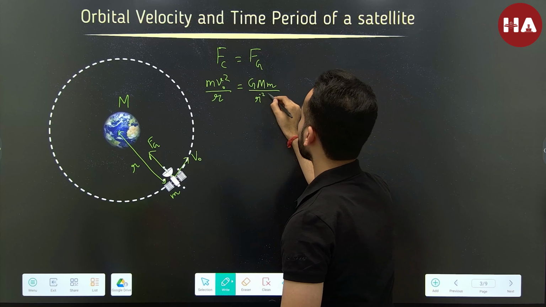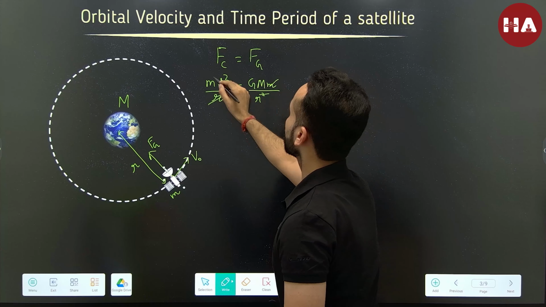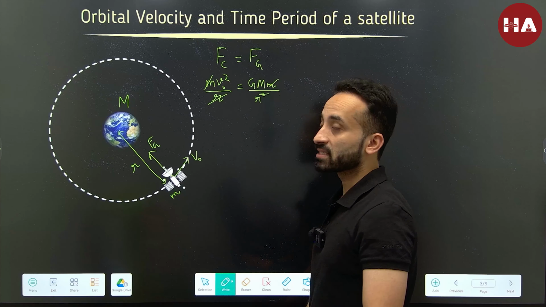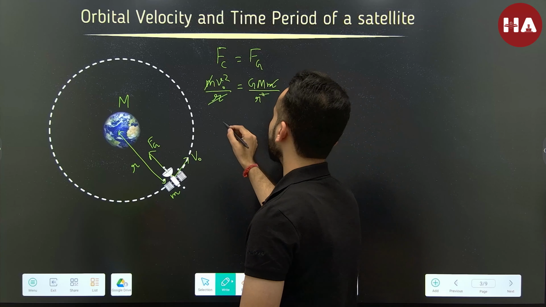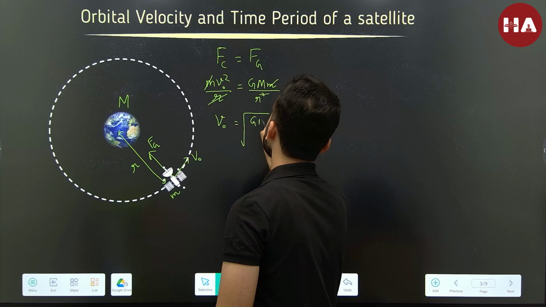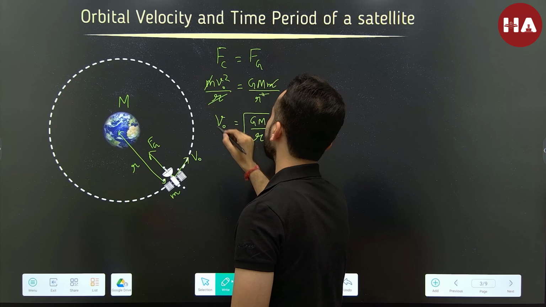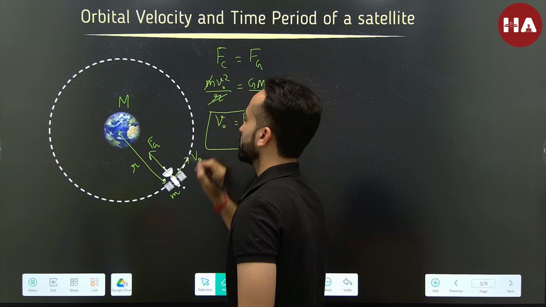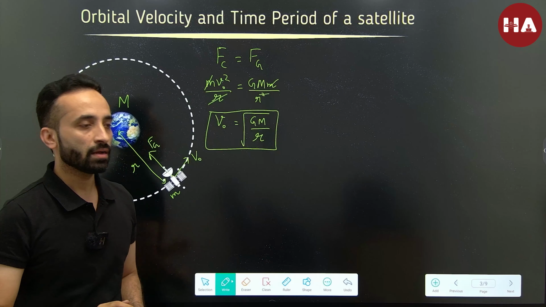So one factor of r cancels out, the mass of the satellite cancels out, and this is the orbital speed, that is root GM by r, isn't it? This is root GM by r.